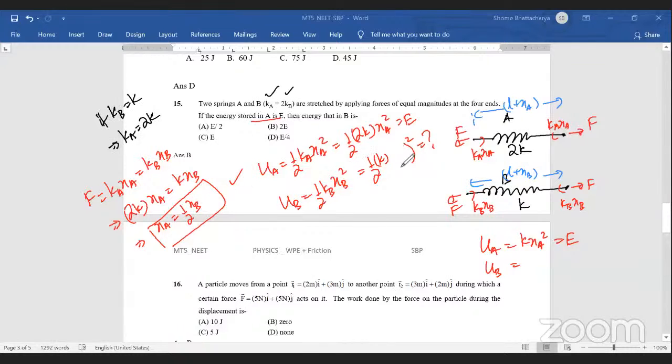XB is double of XA. So this is becoming 2K XA square. So how much is that becoming? 2 times E. So your answer should be 2E. Fairly straightforward question. Hope this is clear.